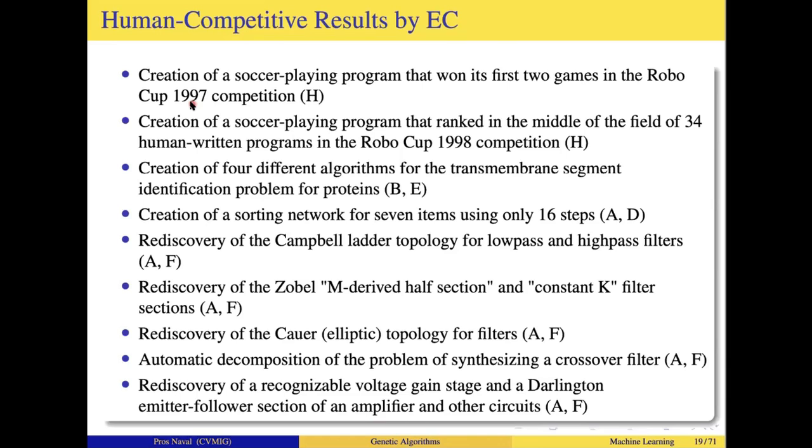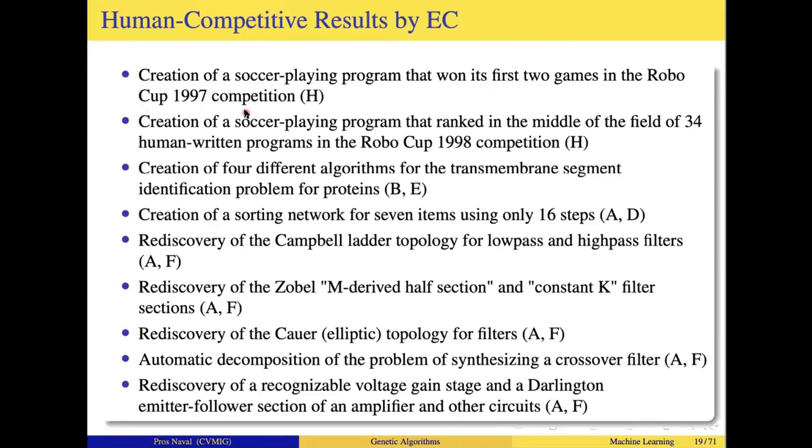Now, something that's more down to earth, probably easier to understand, the following. Creation of a soccer playing program that won its first two games in the RoboCup 1997 competition.